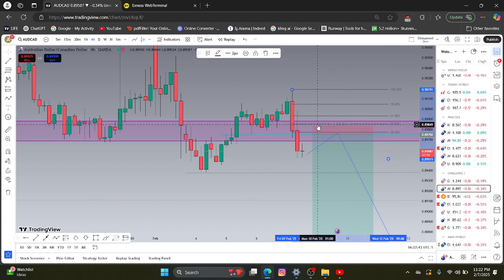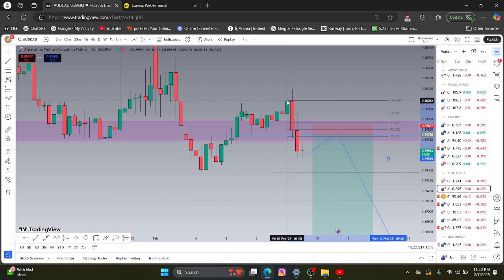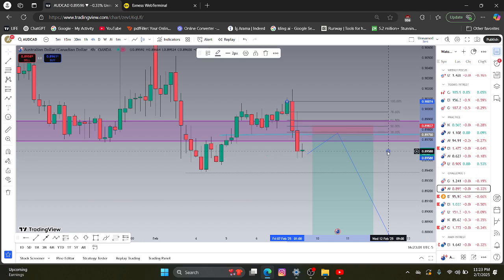So the golden zone is here. For this one, it's here, if we start from the wick. But if we start from the full body candle only, let's consider the body candle only, you can see that the golden zone is right there. Here. That will put our stop loss.